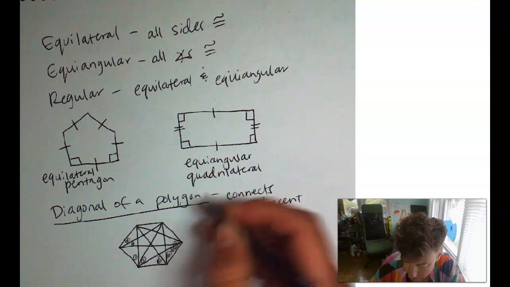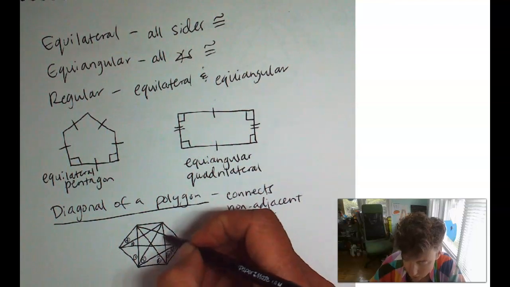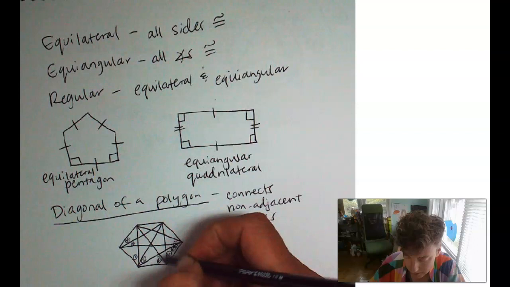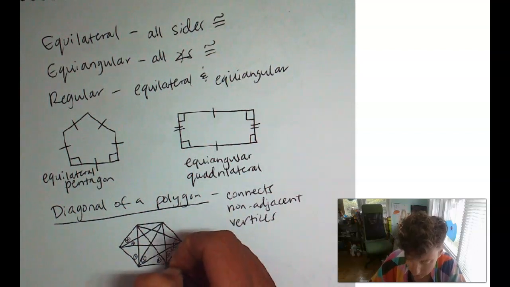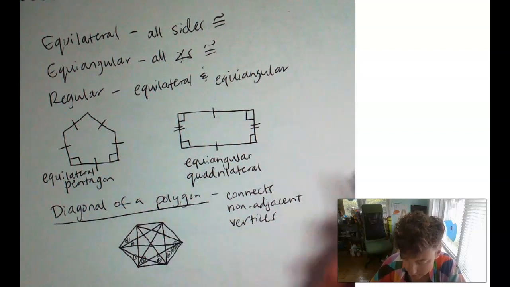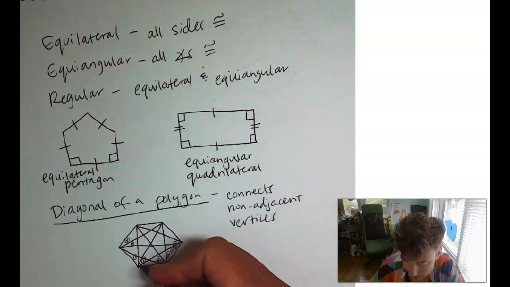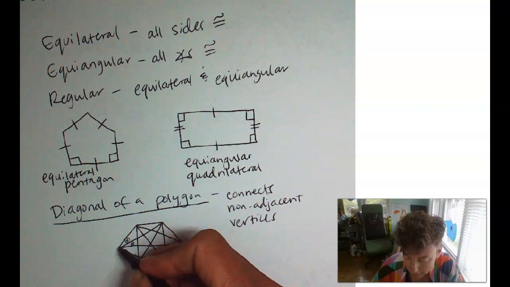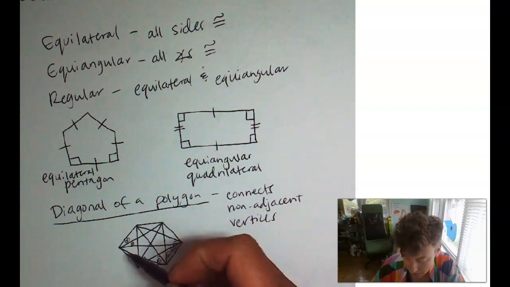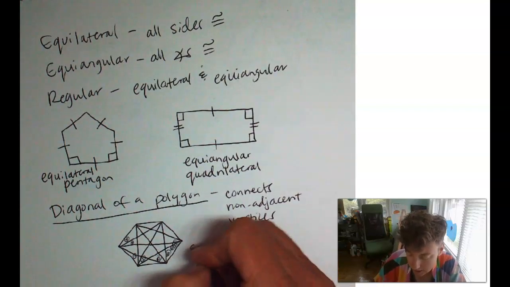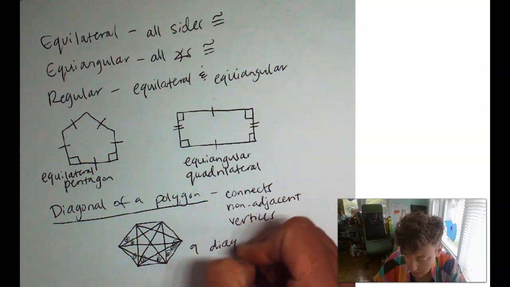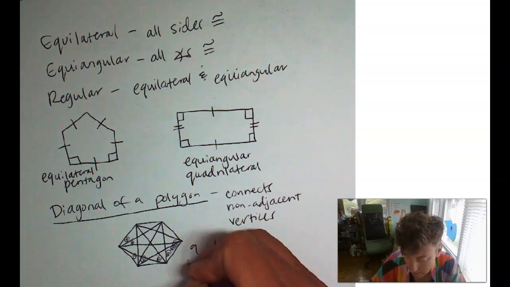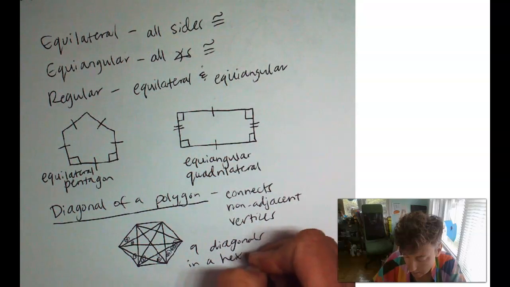Move on to our next vertex. We've already drawn that diagonal. So 9 is all we can do here. And then that vertex has every diagonal that could be drawn there, and same with that last one. So we have 9 diagonals in a hexagon.